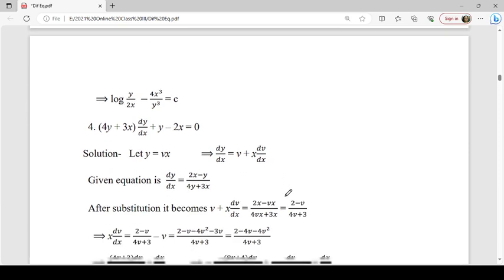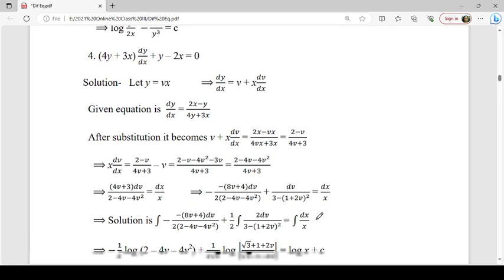And next is, it is first degree. So dy by dx, it is 2x minus y over 4x plus 3y, it is first degree. Numerator is first degree, x and y are there, and denominator is also this. So put y is equal to vx, and our equation becomes 2 minus v by 4v plus 3.